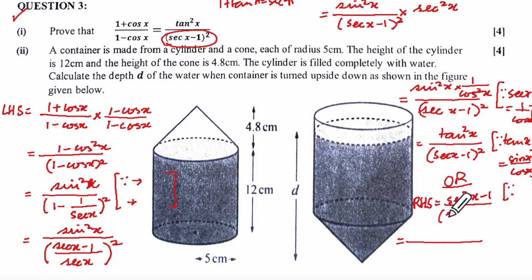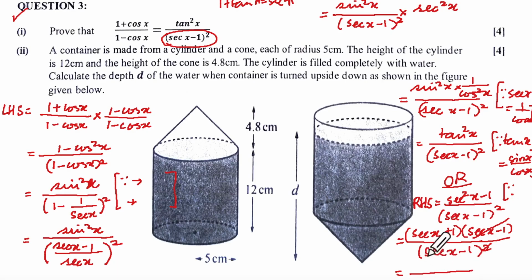Here I will write sec x minus 1 whole square, and the numerator I have to factorize. Sorry about that. Sec x plus 1 into sec x minus 1, and here the denominator will be sec x minus 1 whole square. Now this square will get cancelled with this bracket, and we will have sec x plus 1 upon sec x minus 1.